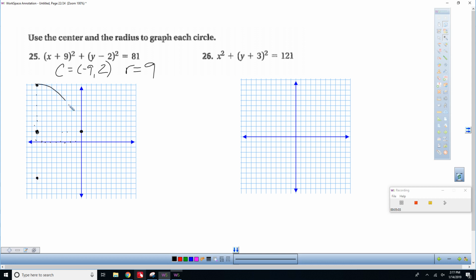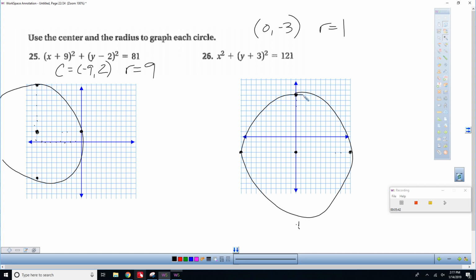And it's going to go just slightly off the page as it goes to the right. And it's going to look like that. Okay? This one has a center at 0, negative 3 and a radius of 11. I love this ViewSonic thing. It's going to be something like that, okay?